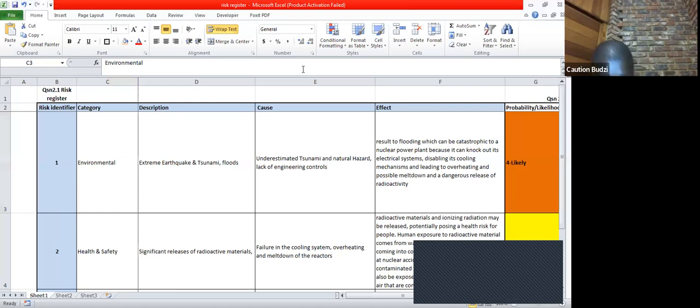And the last level is almost certain, which is 75% and above. So if we say an incident is almost certain to happen, we are saying we have a 75% chance or more that this incident may occur.